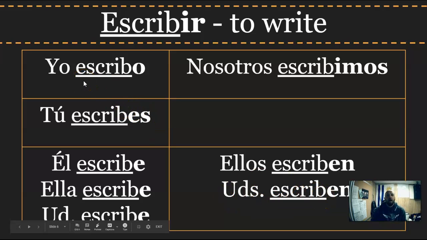So, repeat after me. Yo escribo. Tú escribes. Él escribe. Ella escribe. Usted escribe.